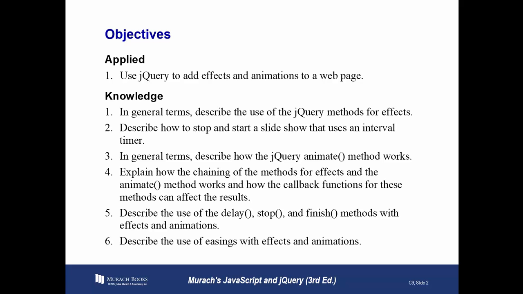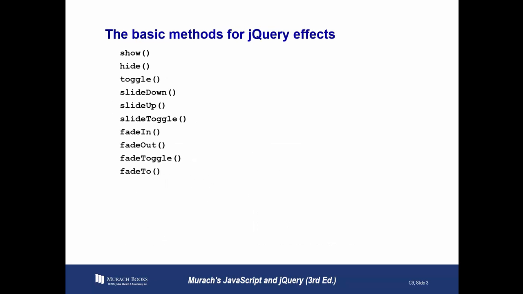Our knowledge objectives: describe the use of the jQuery methods for effects, describe how to start and stop a slideshow using an interval timer, describe how the jQuery animate method works in general terms, explain how the chaining of methods for the animate method works and how callback functions work for these. Describe the use of delay, stop, and finish methods within effects and animations. And finally, describe the use of easings with effects and animations.